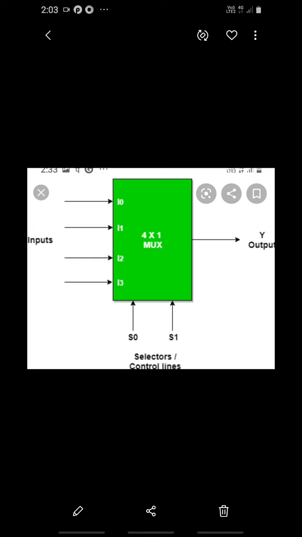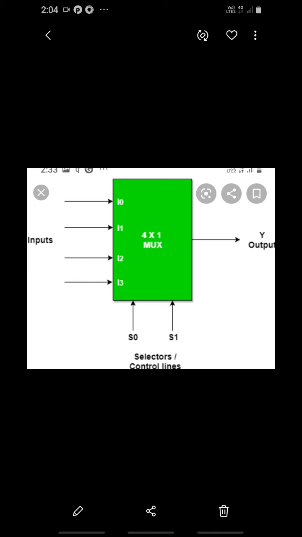The logic symbol of the multiplexer is shown in the above PPT. It contains m, that is 2 power n, input lines, one output line, and n control input lines.